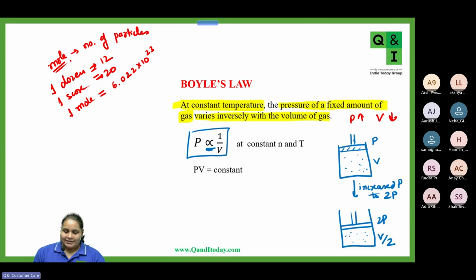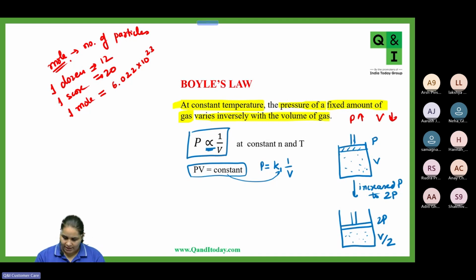Fine. So when we have to remove the proportionality sign, I have to put some constant. So I'm going to put a constant here. P is equal to K1, this is my constant, into 1 by V. So it will finally become PV is equal to constant.